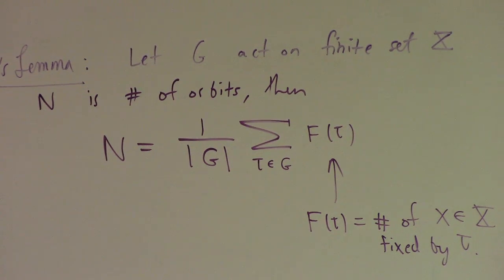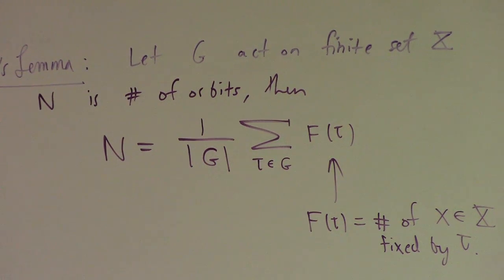So the table we're looking at on page 209 has the elements of the set across the top, and the elements of the group, which is acting on the set, in the first column.